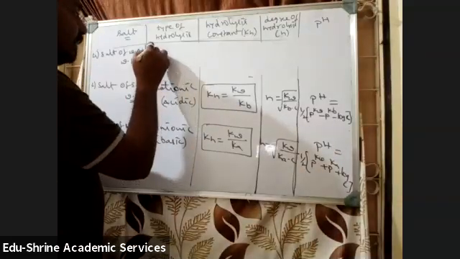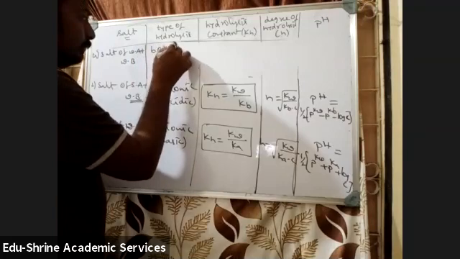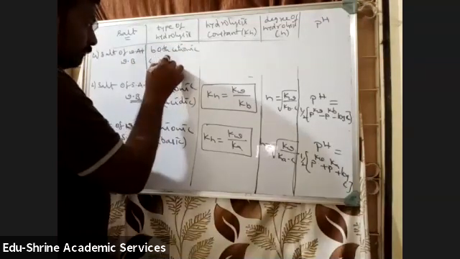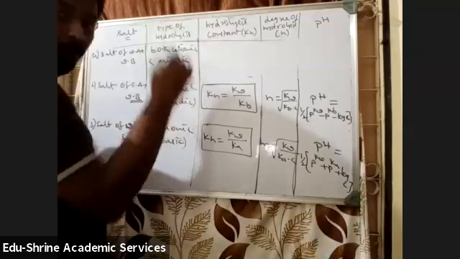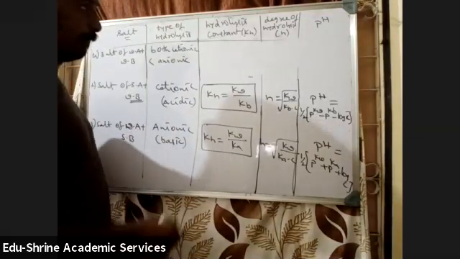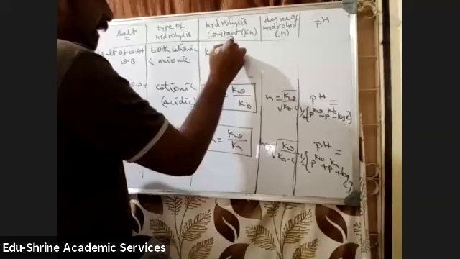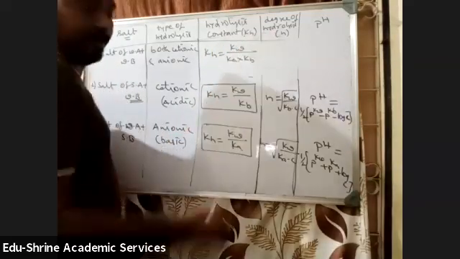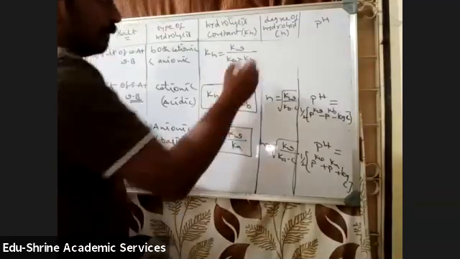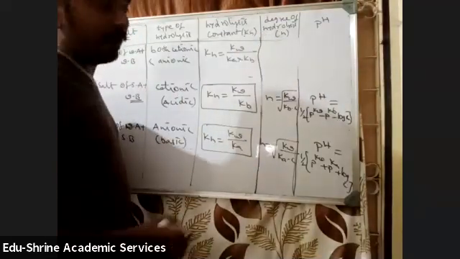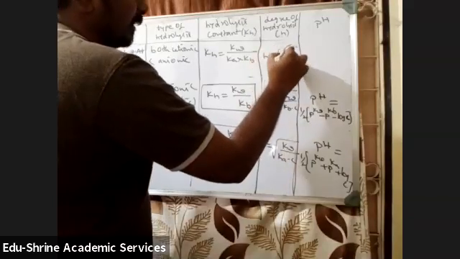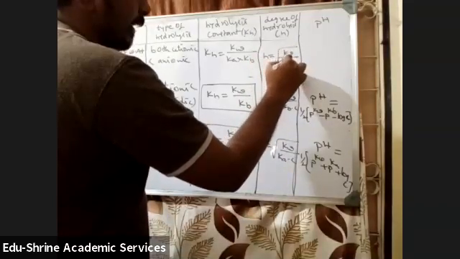Type of hydrolysis: both, both cationic and anionic. Hydrolysis constant KH will be equal to Kw by... Both are weak, so you will get both: Kw by Ka into Kb. Degree of hydrolysis H will be equal to root of Kw by Ka into Kb.